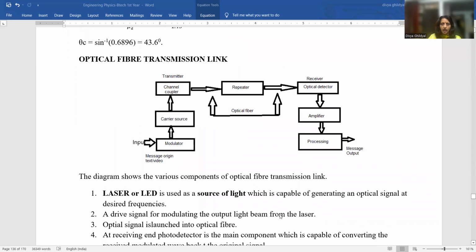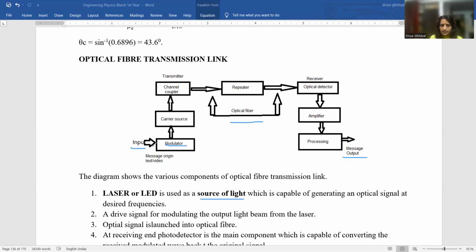Optical fiber, how is it basically transmitting? See, block diagram, simple: input, via optical fiber, output. So how am I putting the input inside the optical fiber? Via a modulator. See, laser or LED is used as a source of light capable of generating an optical signal of desired frequency for my specific experiment, and a signal for modulating the output light beam from the laser according to my experimental requirement.